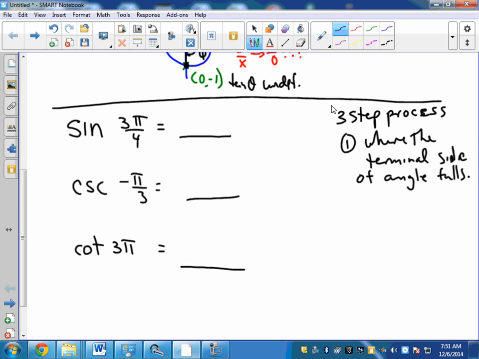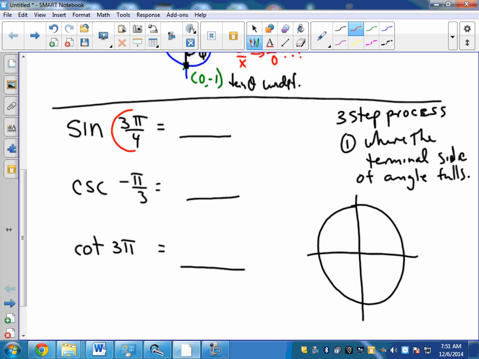Okay, so what I mean by that is if you have a circle, and if I give you, for example, in this first problem here, the angle is 3 pi over 4, so theta is 3 pi over 4, where does that fall on our circle? Now, this is our starting point. This is our initial side, and we're going to be rotating counterclockwise because this is positive, but where does it fall?